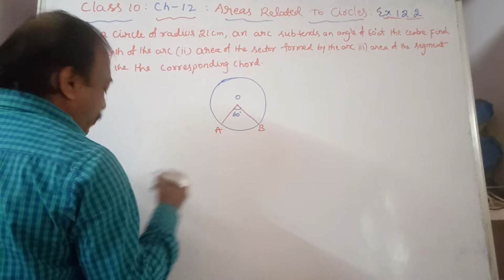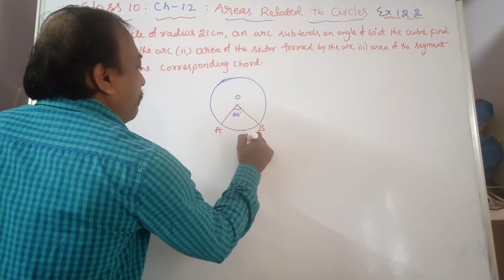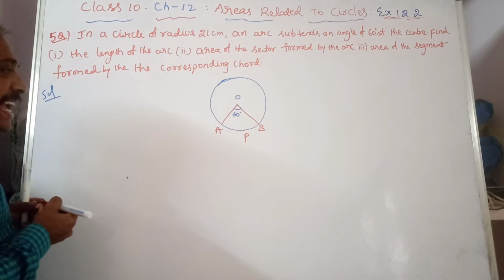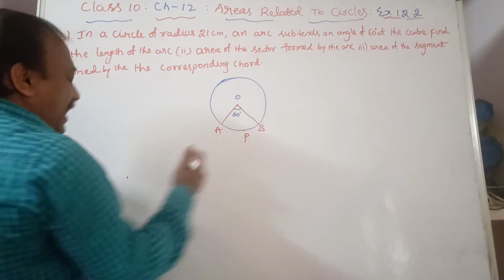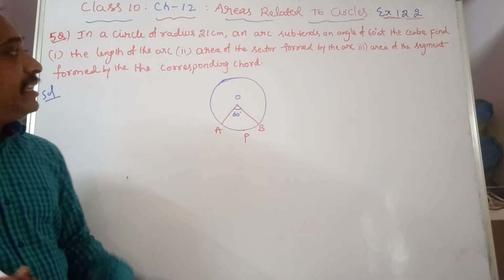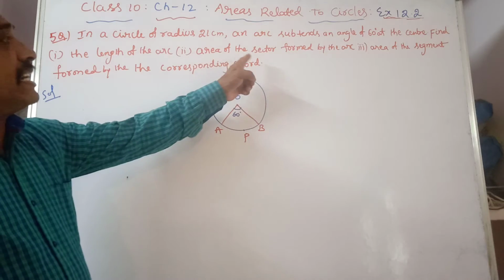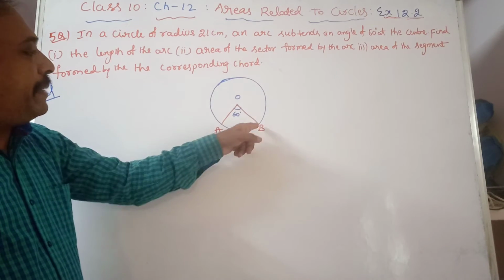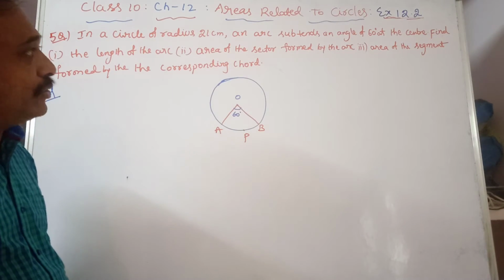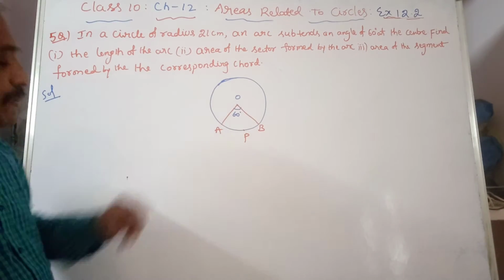I am locating one more point here, that is P. Arc APB, observe it, APB length we have to find out, and that is the first question, length of the arc. Second one is the sector OAPB, sector area you have to find out, and third one, area of the segment formed by the corresponding chord.